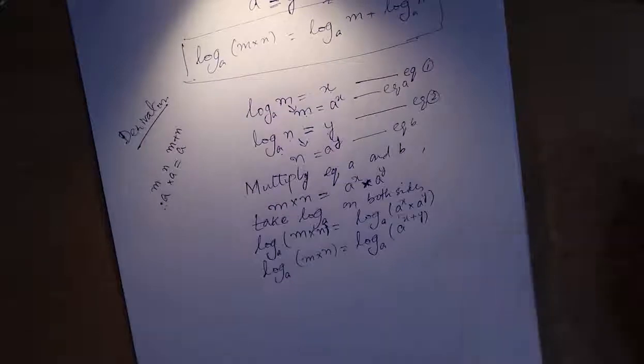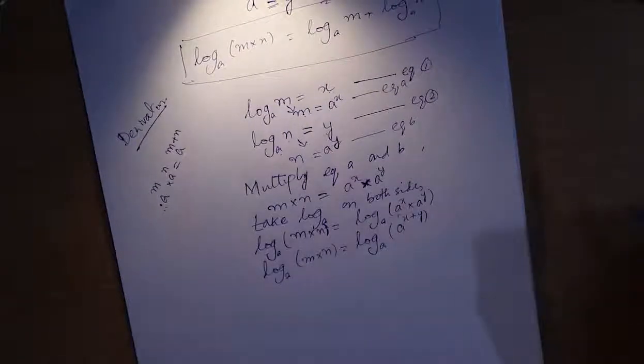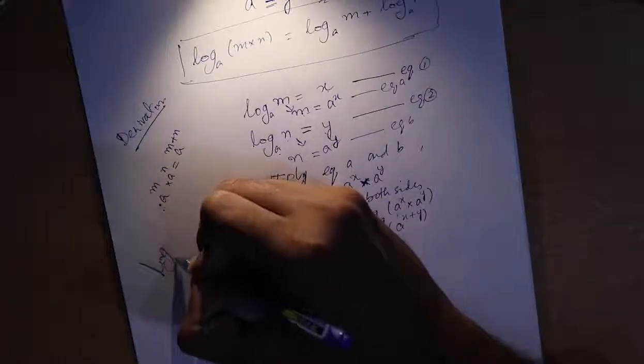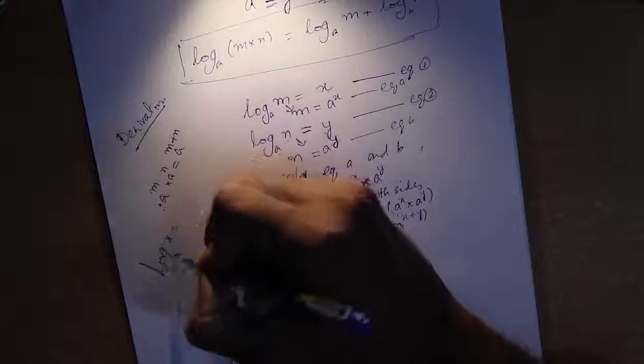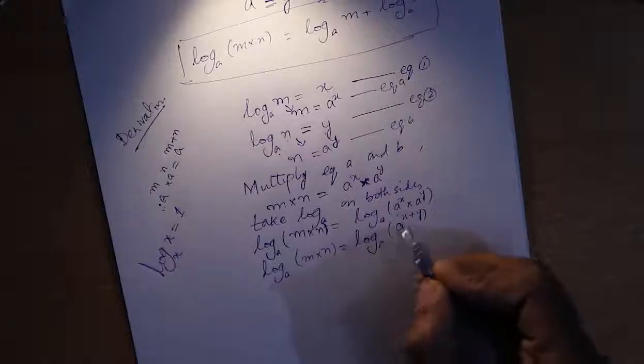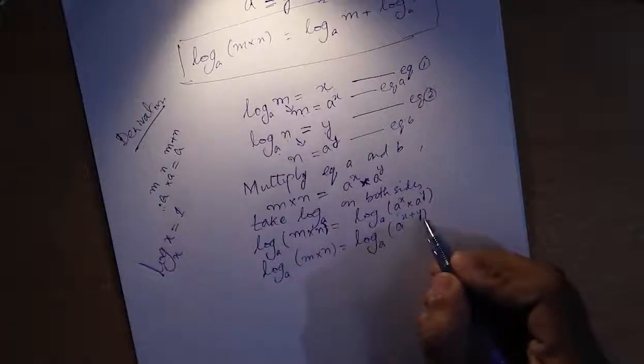Now what we have to do now? We can see that the log of a on base a is simply 1, because the log of any number on its own base is always equal to 1. So log of x on base x should always be equal to 1.